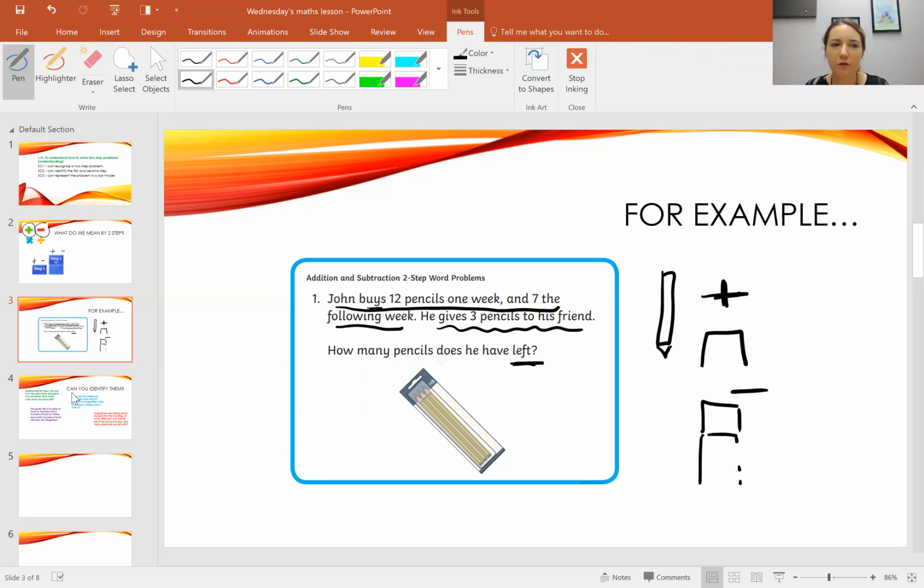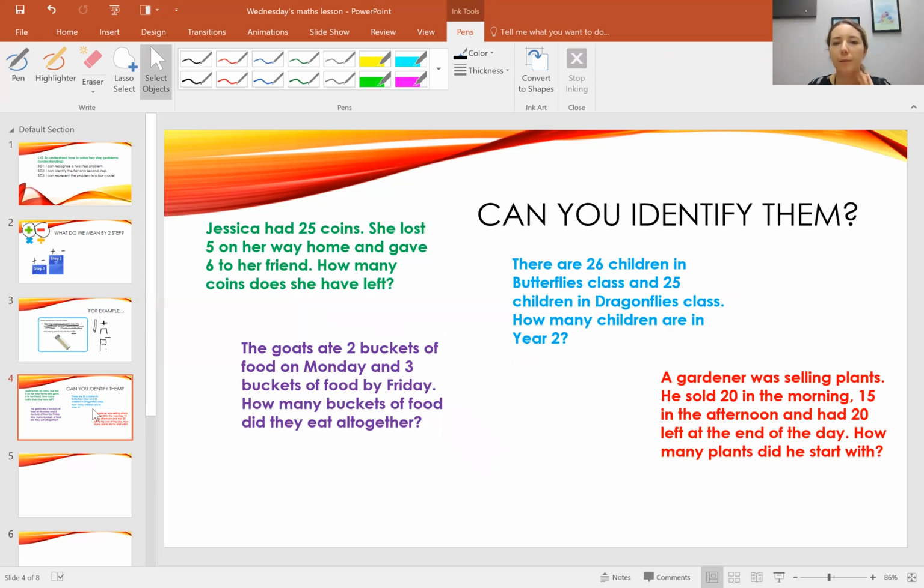Now, the first success criteria was to be able to identify whether it's a two-step problem or a one-step problem. So here are some problems. I'm going to read them to you and I want you to write down whether you think they are a one-step problem or a two-step problem. Okay, so let's start with the green one.